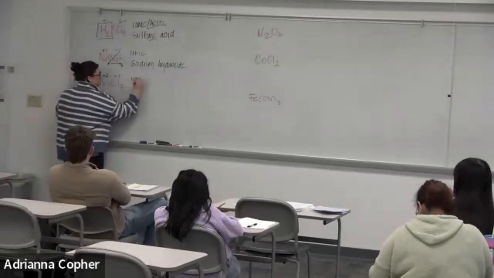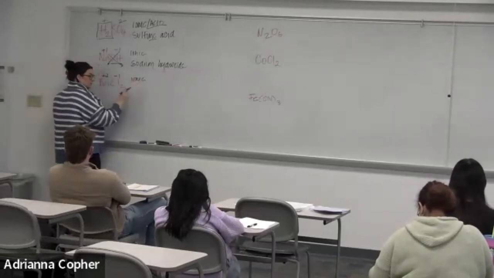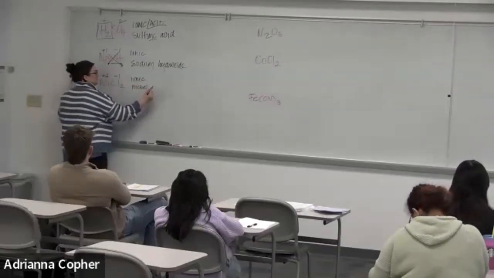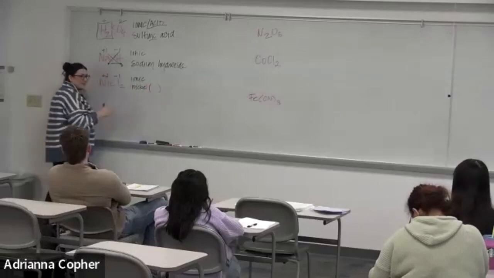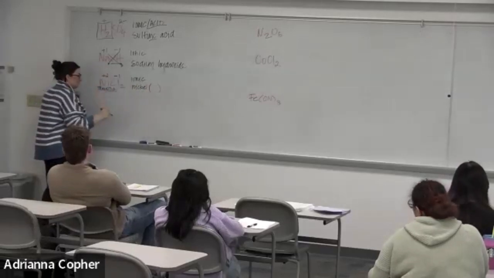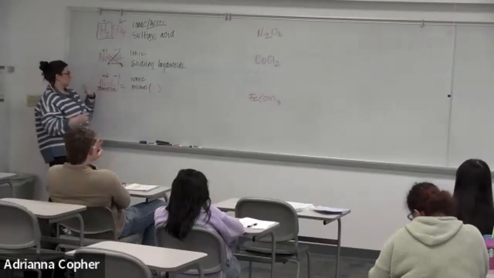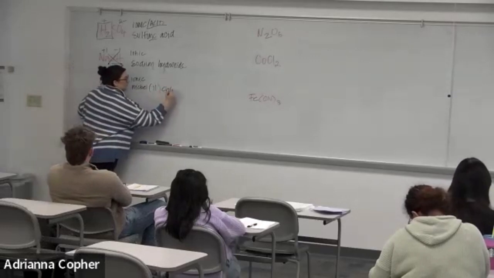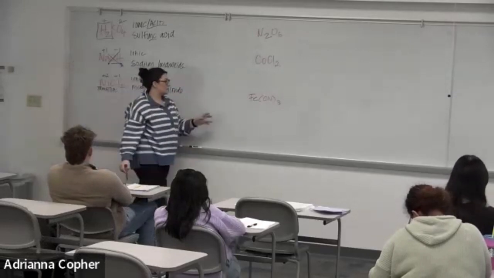Okay. So this is ionic, right? We need parentheses because this is a transition metal. Okay. What's the charge of nickel? 2. How do we end? 4. We're on that subject.